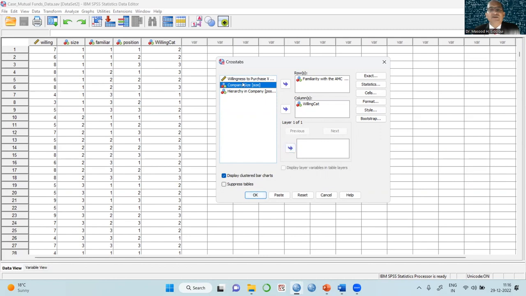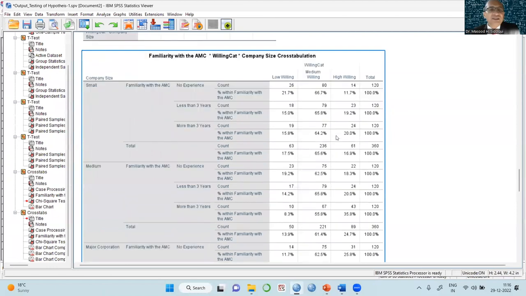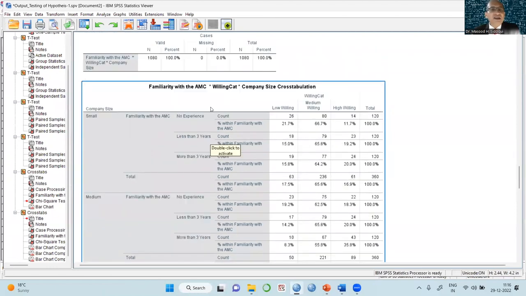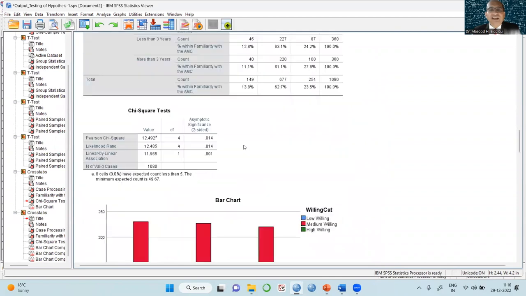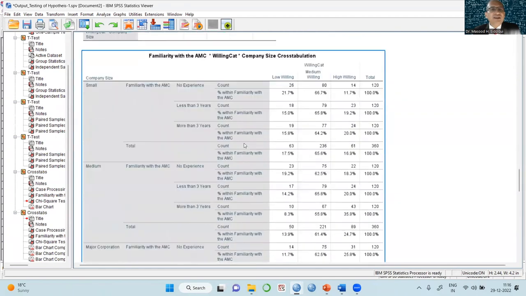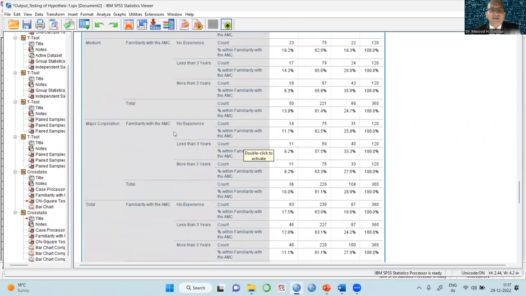So we will be using company size as layer one, and we will press OK. Now, as you see here, this is a cross tabulation. Remember, earlier we had a single cross tabulation for the entire data set. Now we have three cross tabulations: one for small company size executives, another for the medium, and the third one for the major.